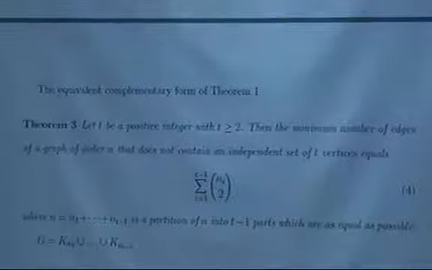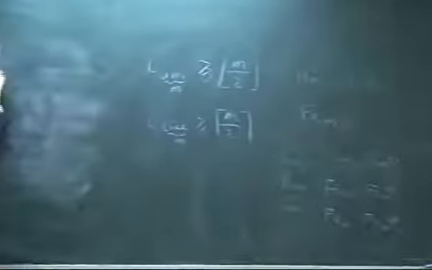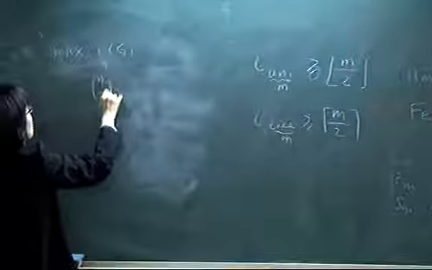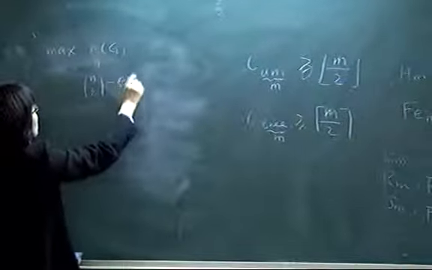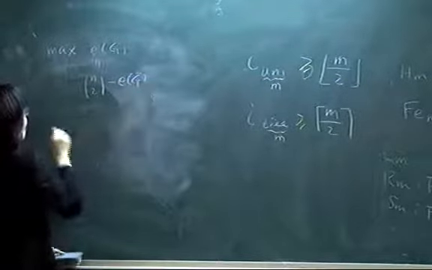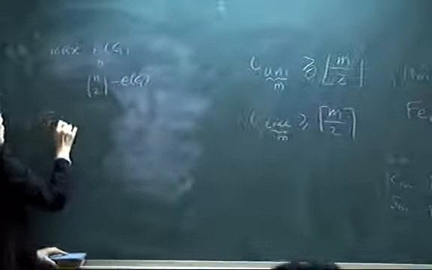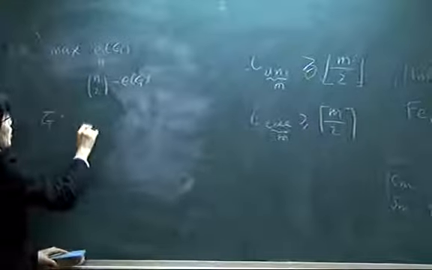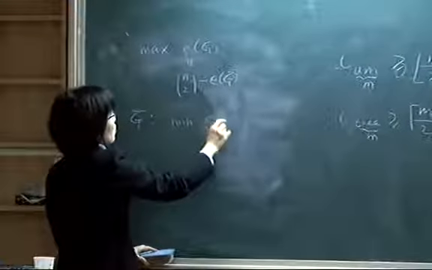If you look at Turan's problem, you want to find the maximum number of edges of a graph. Then it's, of course, n choose 2 minus the minimum of that one. So if you think in terms of its complement, you want to find the minimum number of edges.